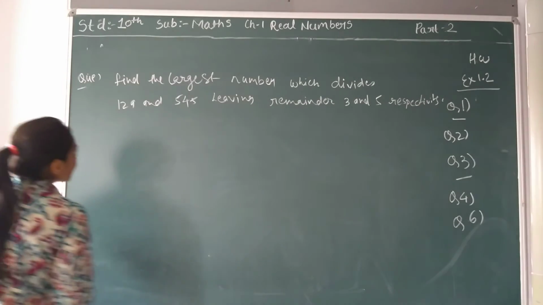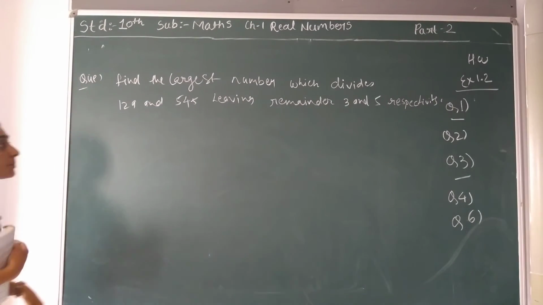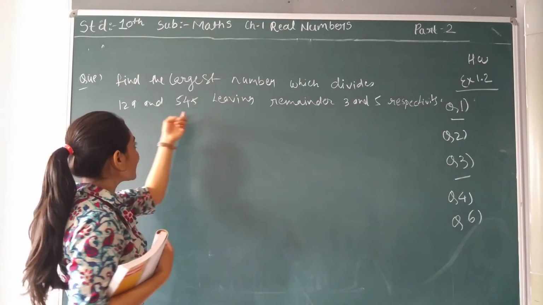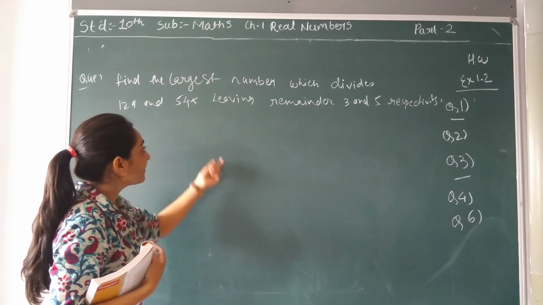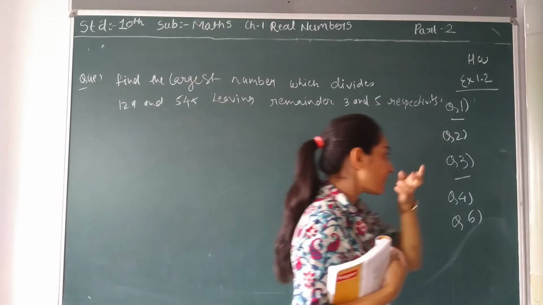The question says we have to find the largest number which divides both 129 and 545 and leaves the remainders 3 and 5.